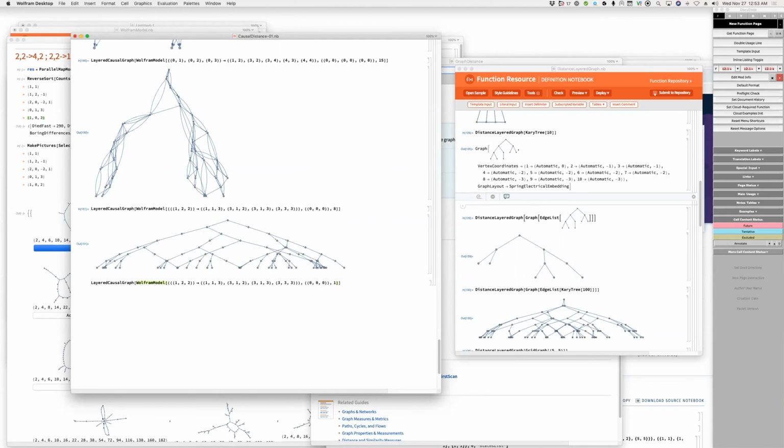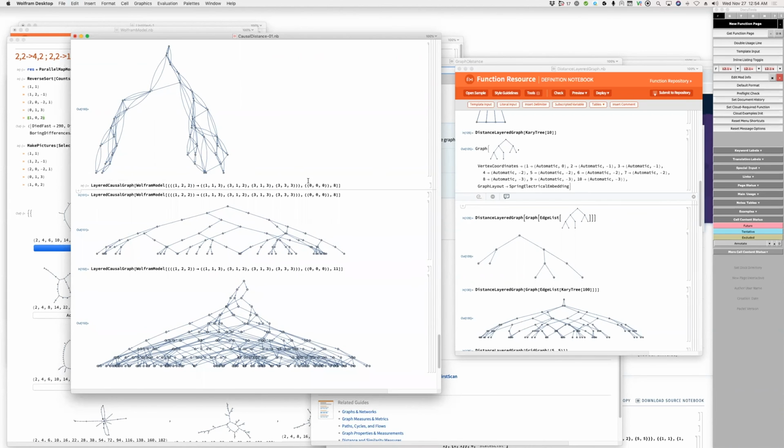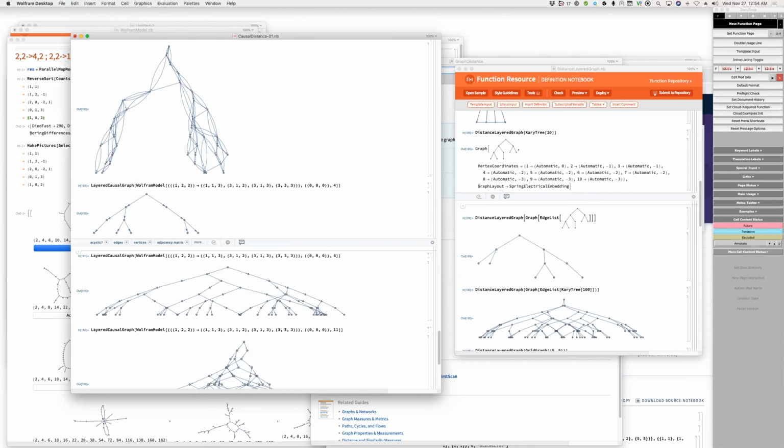I mean, so let's say we go to 11 steps. But in fact, if I went to fewer steps here, yeah, then it can find it.